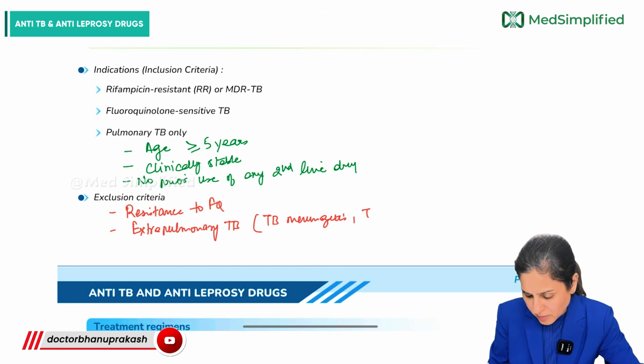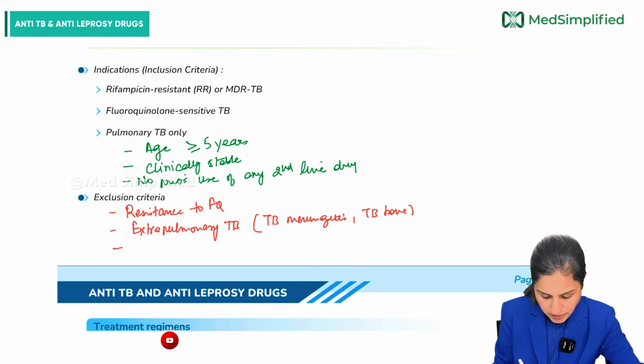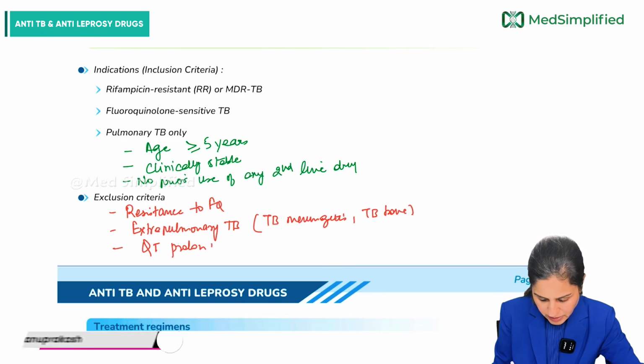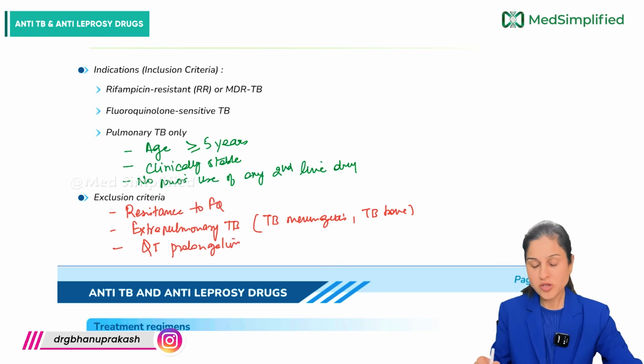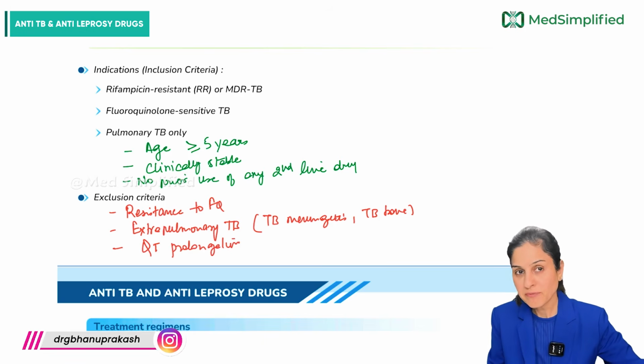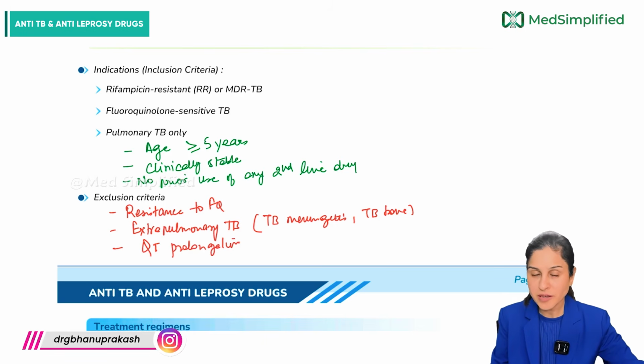Or TB in the bone, then you cannot give this. Then the third, if there is QT prolongation, because bedaquiline also causes QT prolongation, and if the patient already has QT prolongation, you can't give this.